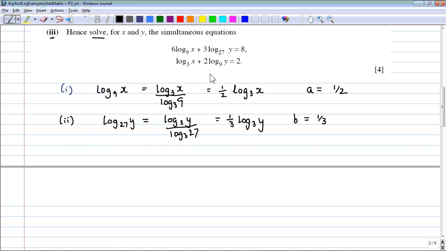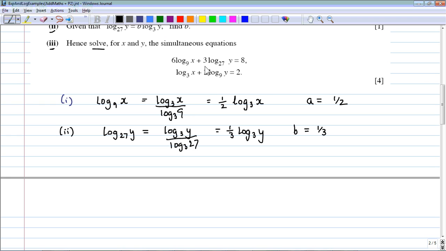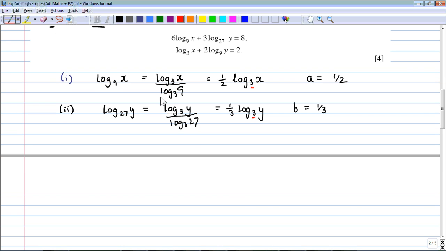We have 3 different bases, but as will often be the case, they're quite closely related bases. So we can replace all the bases with base 3, just as we did in parts 1 and 2. So let's rewrite the 2 simultaneous equations all in base 3.